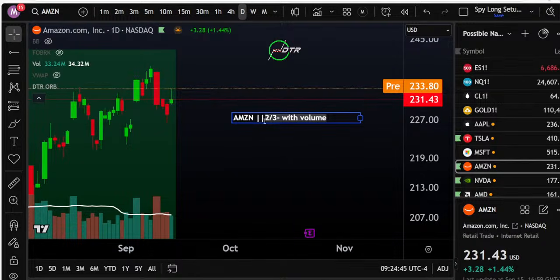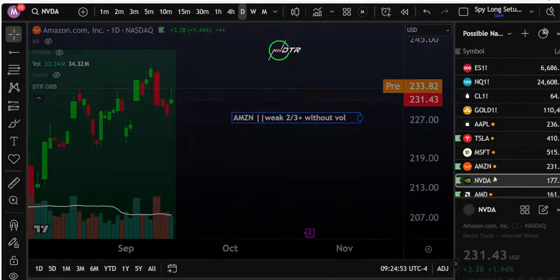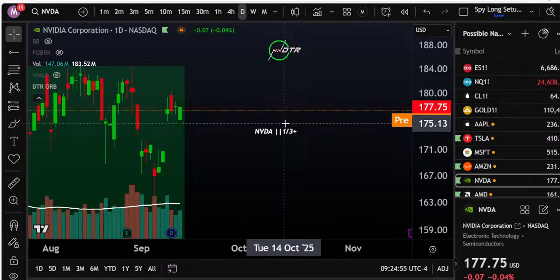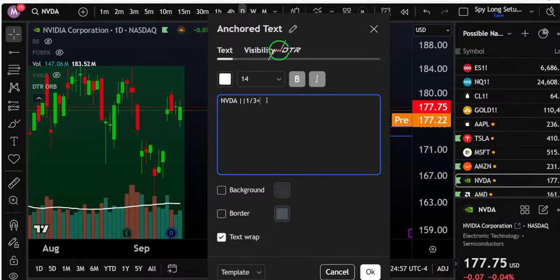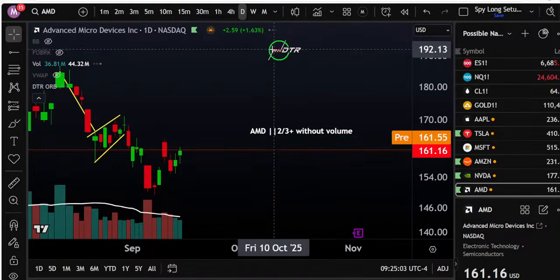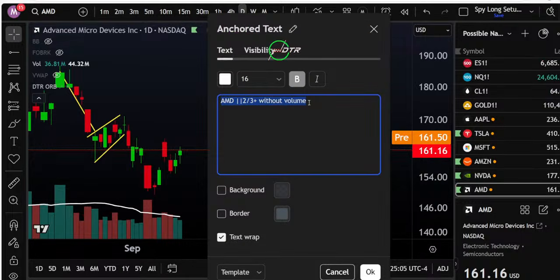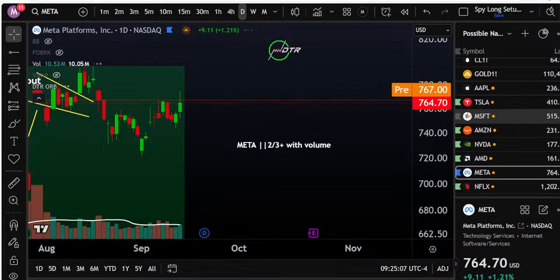Call this a weak 2 out of 3 without. NVIDIA 2 out of 3 with volume. Okay, AMD 2 out of 3 without.